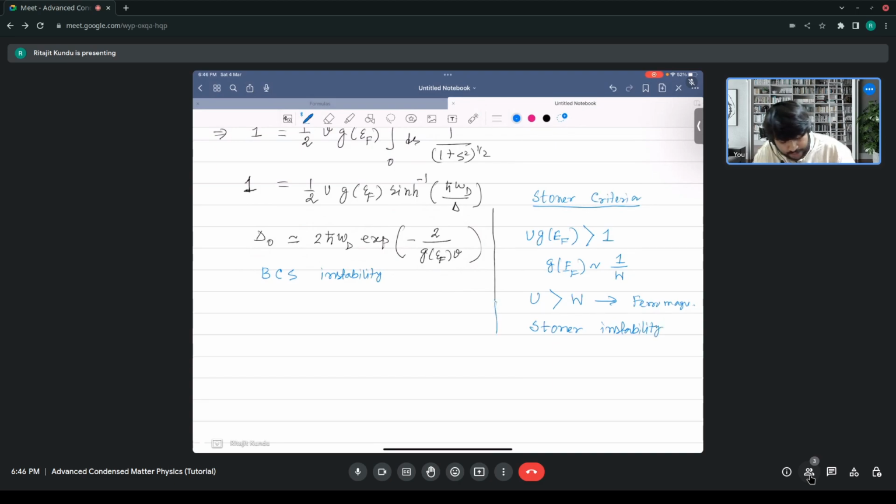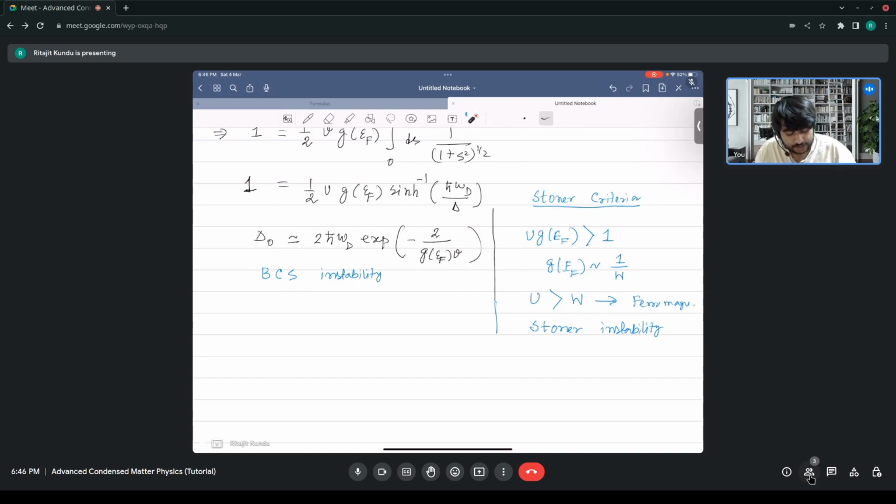They are different in the sense that if I have any small interaction, that will not give rise to a ferromagnet. I'll have to crank up the interaction up to a certain point, let's say up to the bandwidth, and then only can I have a ferromagnet. But for the BCS instability to happen, an exponentially small interaction will also give rise to superconductivity.